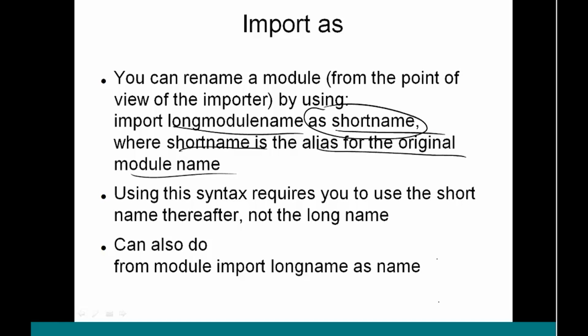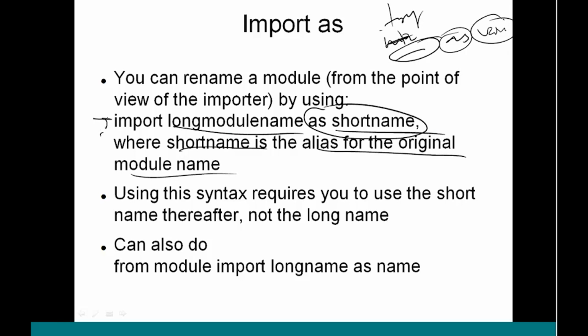We saw this in the very first slide, in the example for exception handling. There we said try, and then an exception as variable1. So that long name is assigned to the short name with the as.